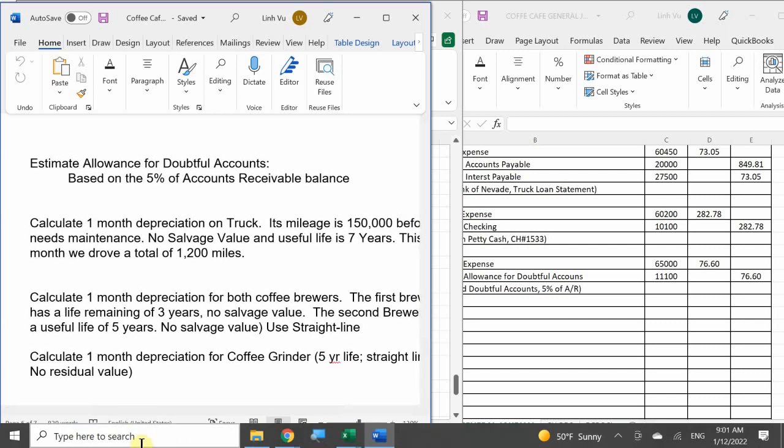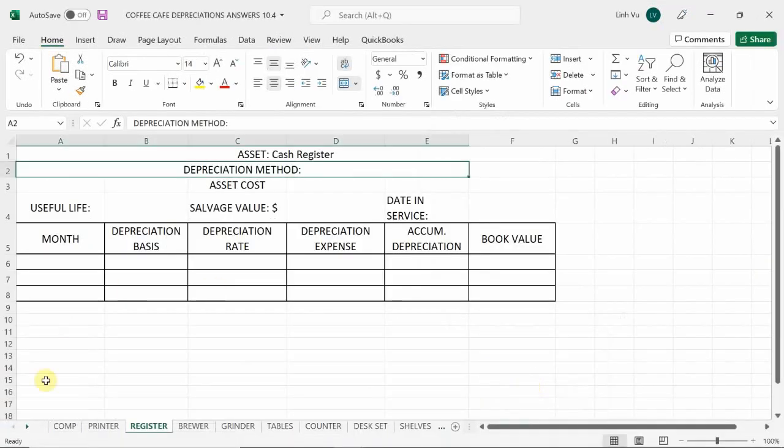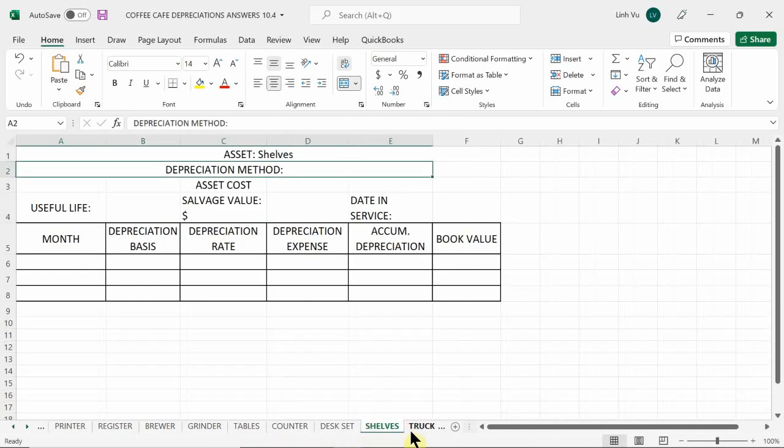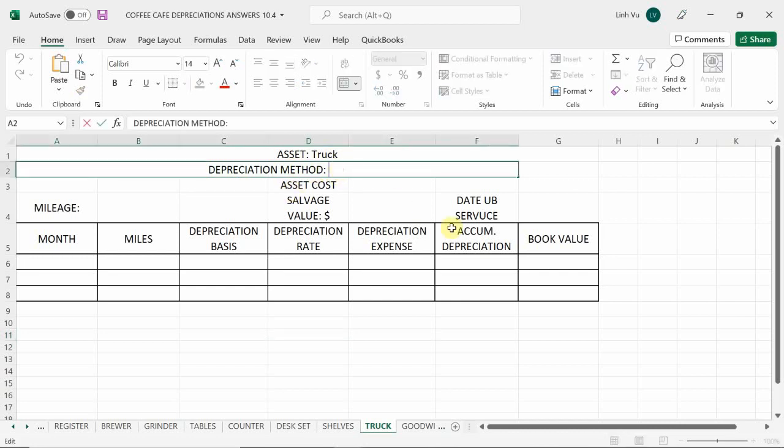So, of course, I told you to go ahead and get your depreciation tables out earlier. So, let's take a look at my truck. Here's my depreciation table, right? The asset is a truck. What depreciation method are we going to be using?